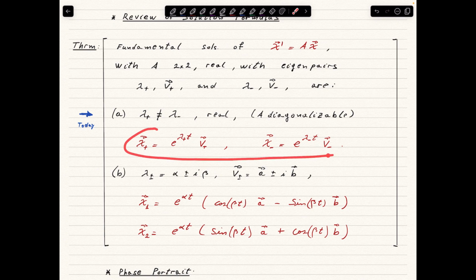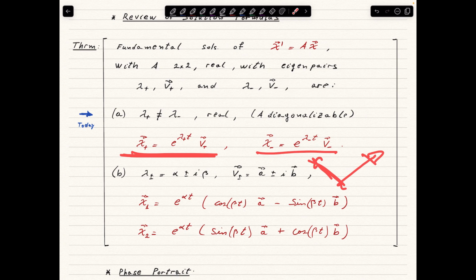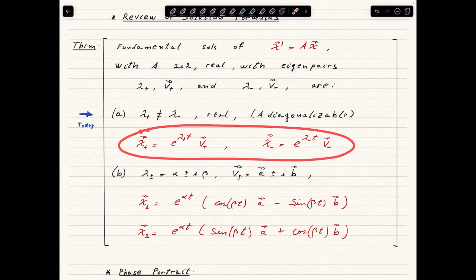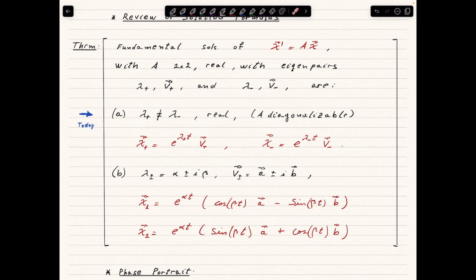But here, the situation is different. We are going to see that this solution is a straight line in the phase space. This is another straight line, but the combinations are not straight lines. So we are going to need to study many more solutions to get an idea of how the phase portrait looks in this case, where the eigenvalues are real and different.